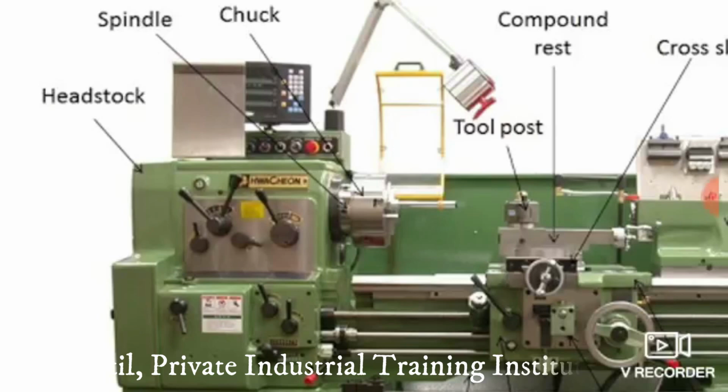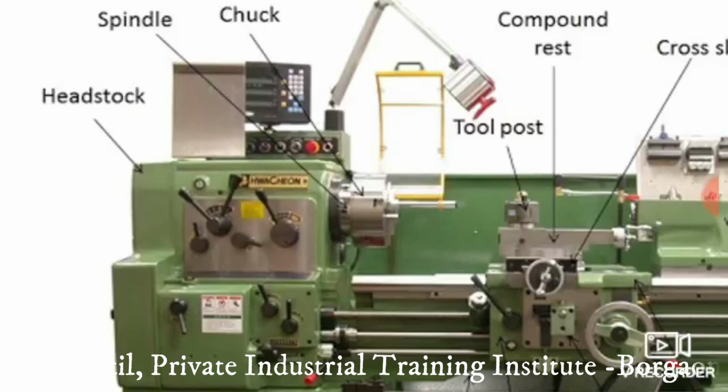That means there is a requirement of different speeds, and that speed reduction or speed enhancement is done inside the headstock. Then after the headstock there is a spindle on which the chuck is mounted. The spindle is a rotary member, and on the spindle there will be a chuck. The chuck is basically used for clamping or holding the workpiece.